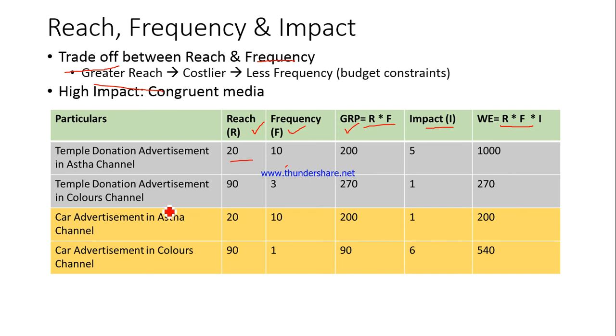Then you have the temple donation advertisement again on the Colors channel, right? However, you would know that the Colors channel is a more popular channel than the Astha channel, and that is why the reach is higher.